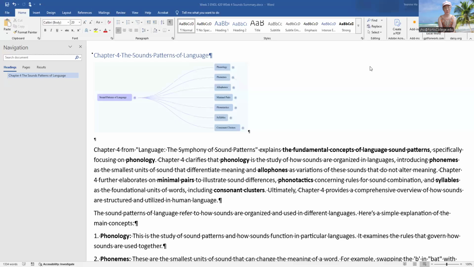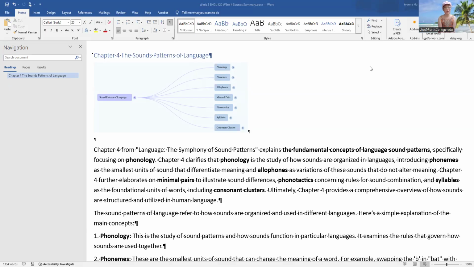So chapter 4 explains the fundamental concepts of language sound patterns, specifically focusing on phonology. Chapter 4 clarifies that phonology is the study of how sounds are organized in languages, introducing phonemes as the smallest units of sound that differentiate meaning and allophones as variations of these sounds that do not alter meaning.